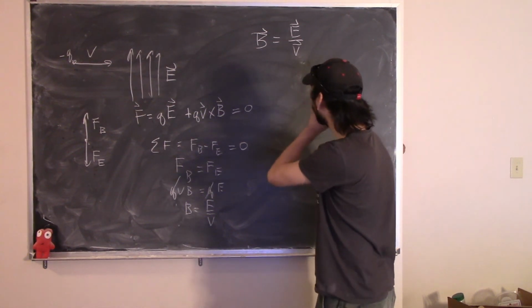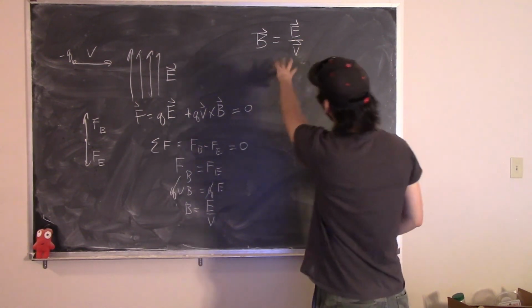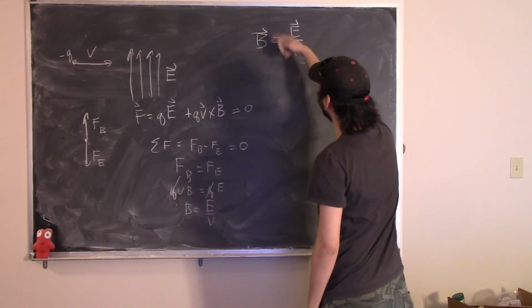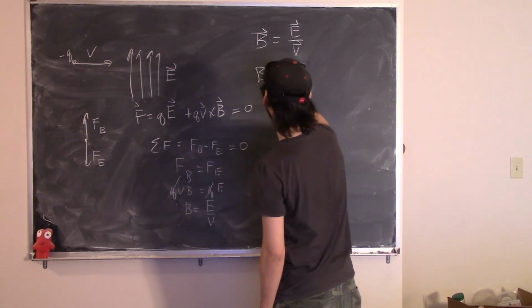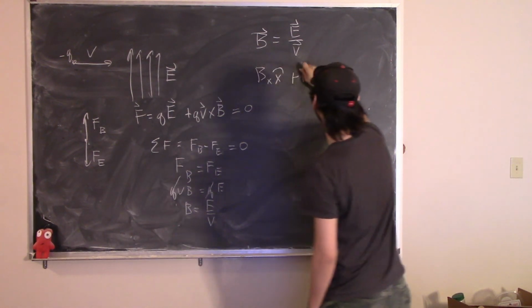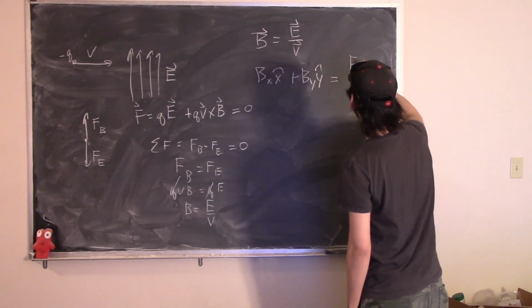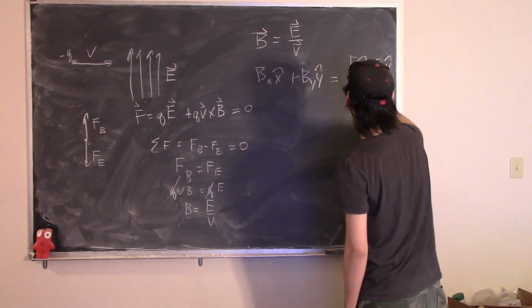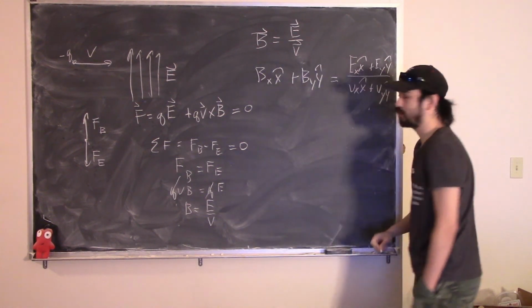And if you're okay with this, then I would go a step further and say, well, what happens if I write this in components? Say that all of these have components in x and y, and so that would be saying like Bx x hat plus By y hat is equal to Ex x hat plus Ey y hat divided by Vx x hat plus Vy y hat, right?